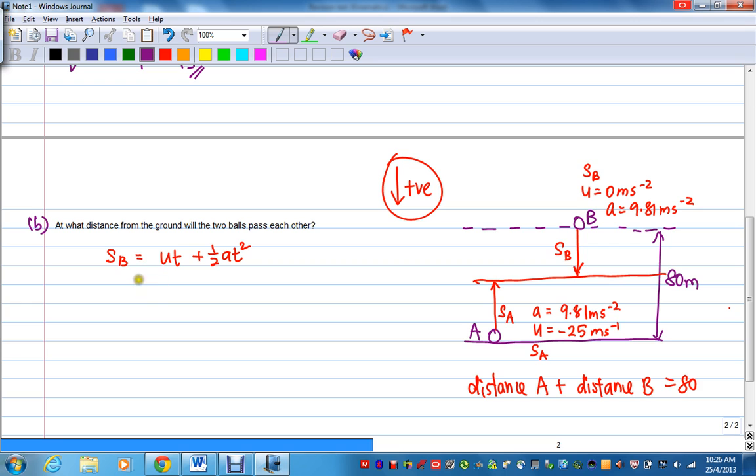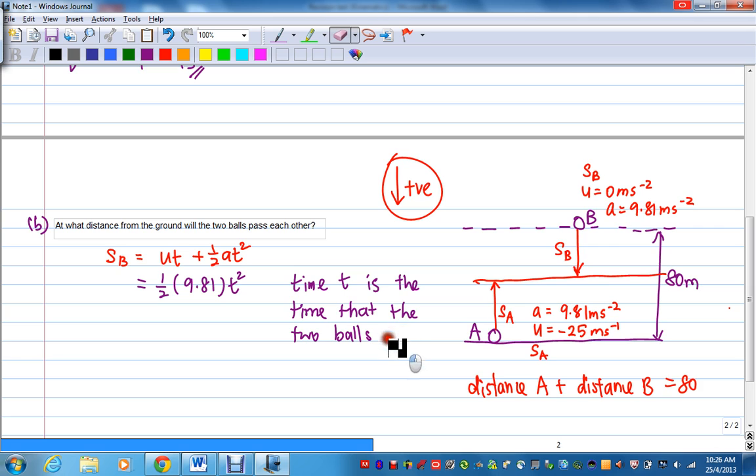So the u is 0, first term gone, half times 9.81 times t squared. The time t is not the time that you calculated in part A. This time t is the time that the two balls meet, which is unknown here.